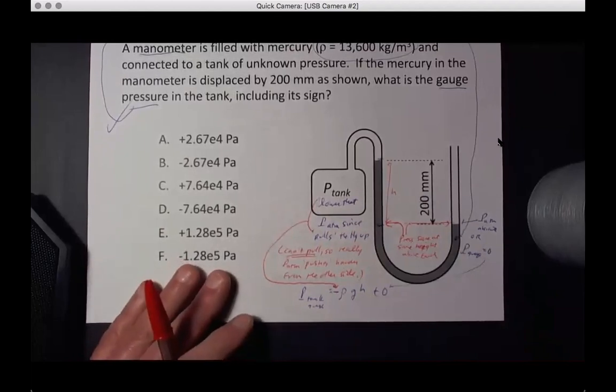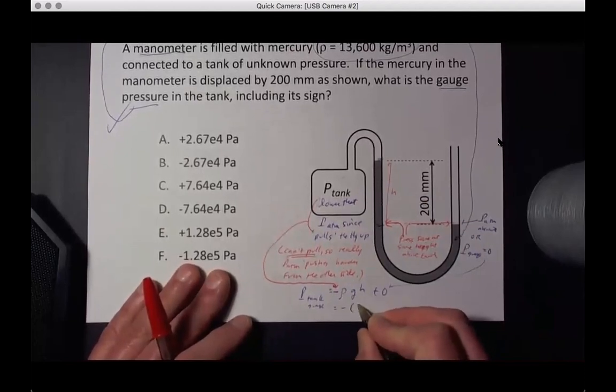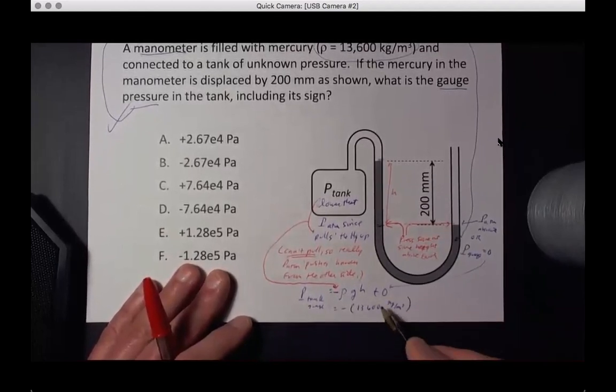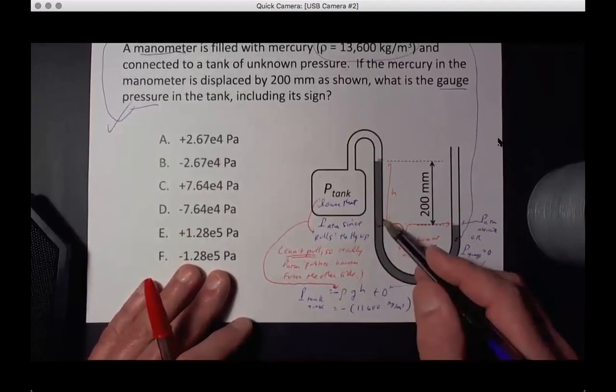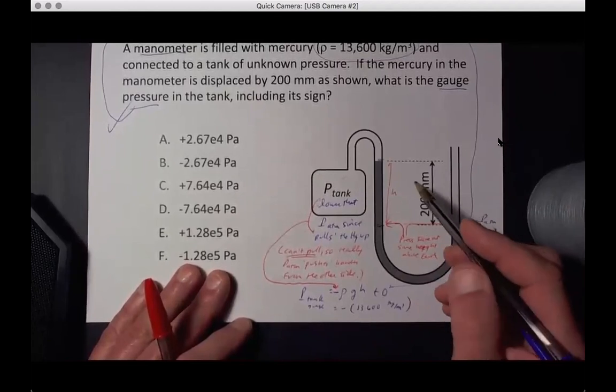Okay, so plug in the numbers, minus 13,600 kilograms per meter cubed, which is about 13.6 times higher than water. That's why you use this, because that means this height column is 13.6 times shorter than if it was water.